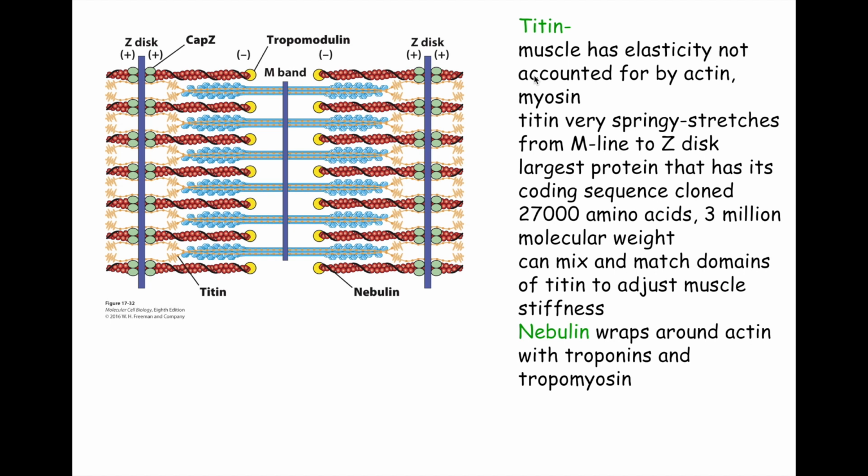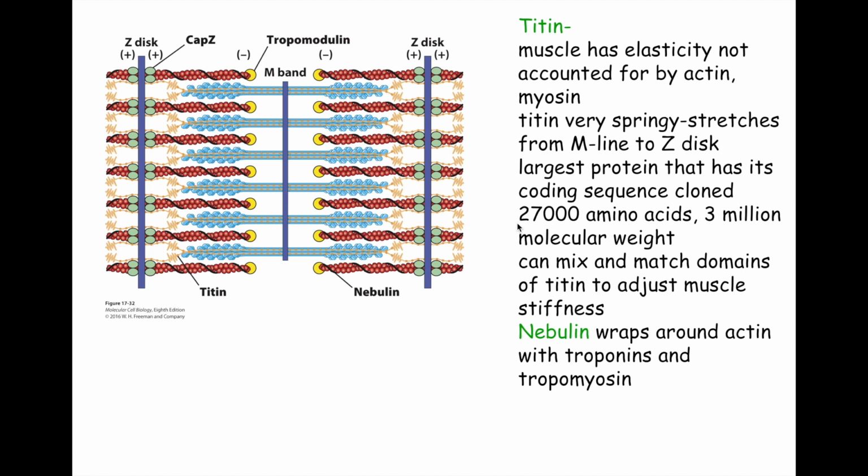Some more about titin. Muscle elasticity that is not accounted for by actin and myosin is accounted for by titin. It's a springy protein. It goes from the M line to the Z disc. The M line is the middle of the myosin bare zone without any heads, and the Z disc is where the plus end of the actin filaments ends up.